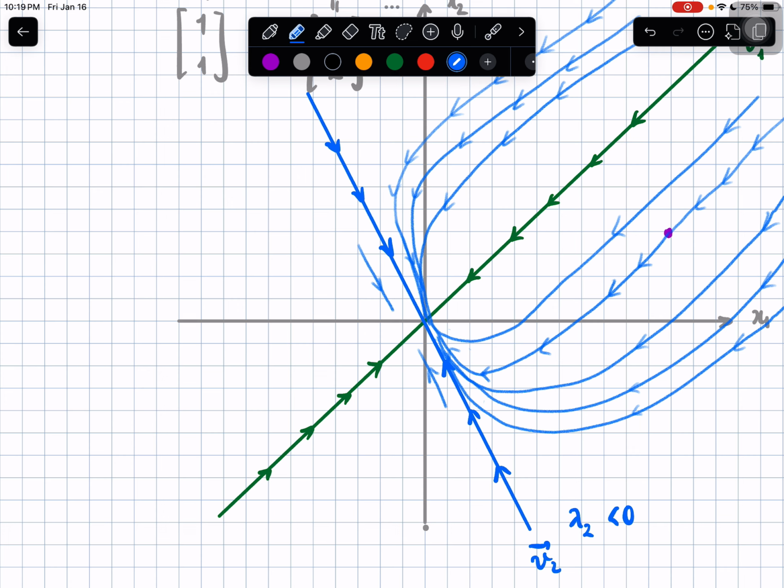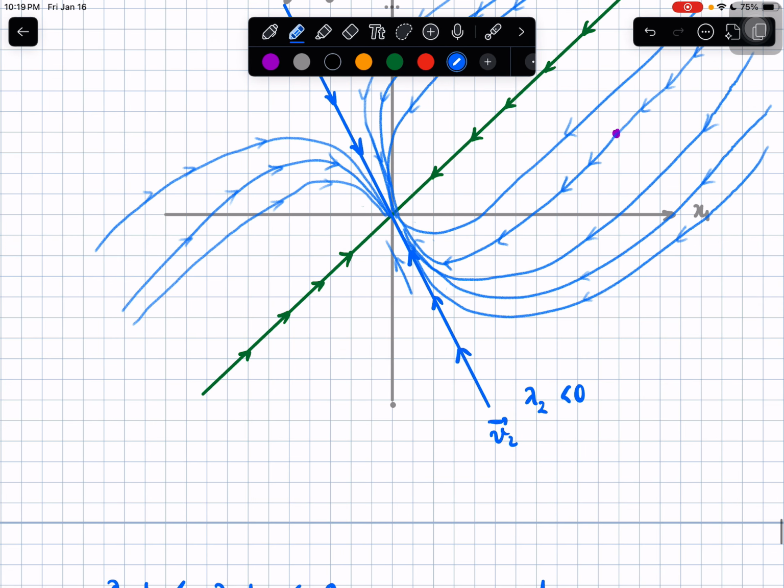Same here, parallel to the green one. And then I'll follow this. The last one is, let's go like this.